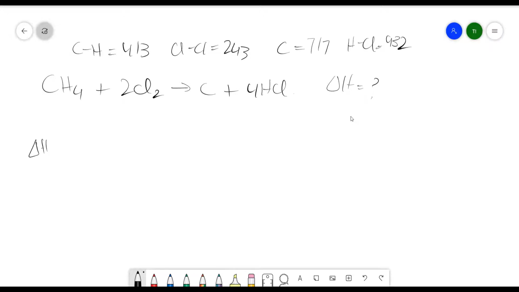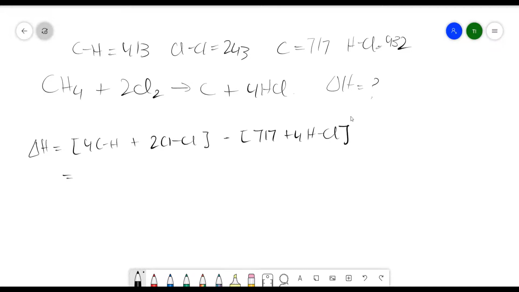Well, let's proceed. So the enthalpy change would be, well, I won't write the formula down because that's obvious, so I'll just start writing the values. So 4 times CH plus 2 times Cl-Cl, minus 717 plus 4 times HCl.